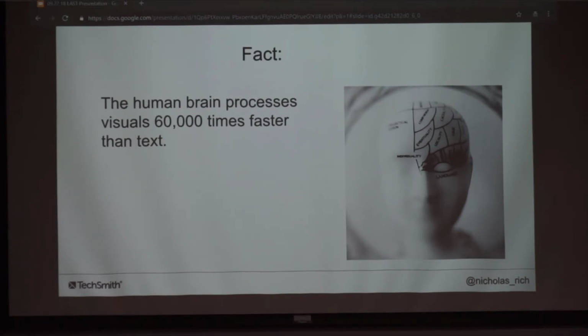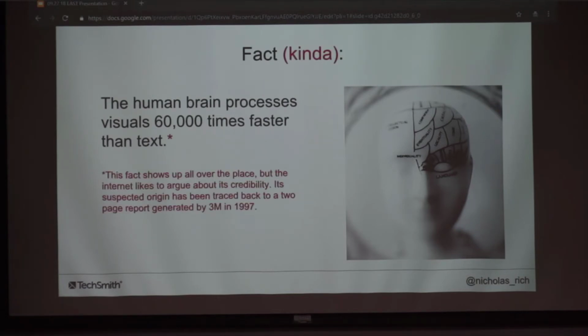So before we get any further, fact: the human brain processes visuals 60,000 times faster than text. That's why Snagit is a useful tool for us. Actually, this is kind of a fact. Journalism background and everything, I actually looked this up to dig into the actual origin of this fact that you see on the internet all over the place.